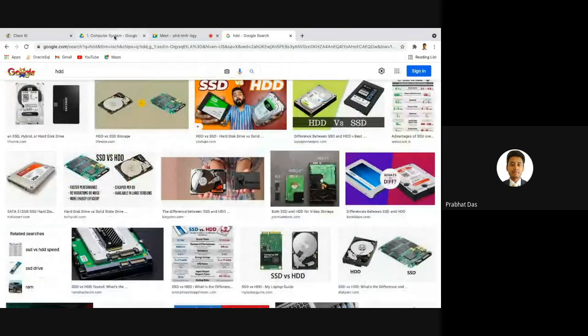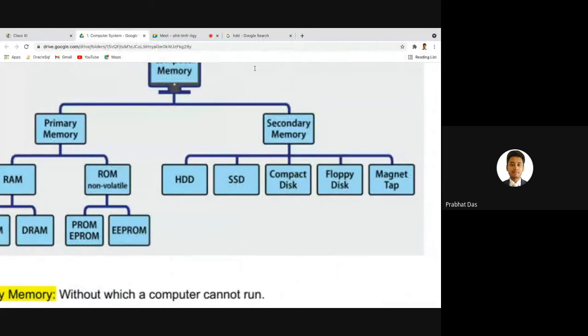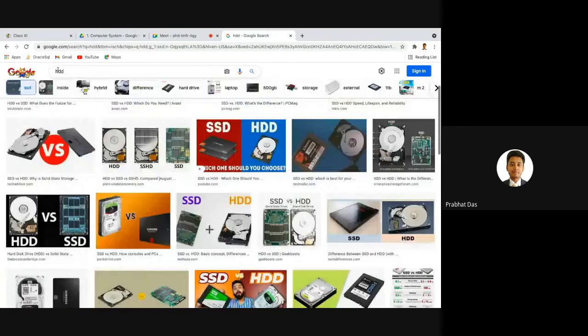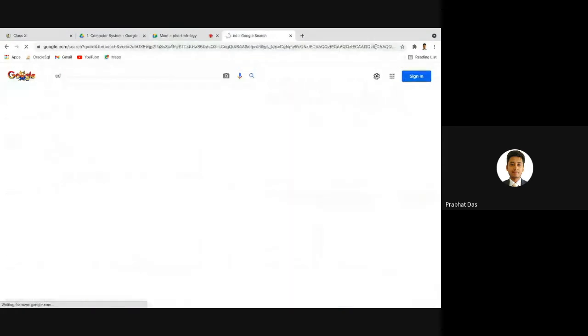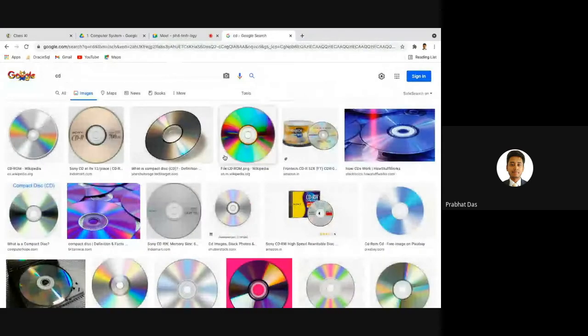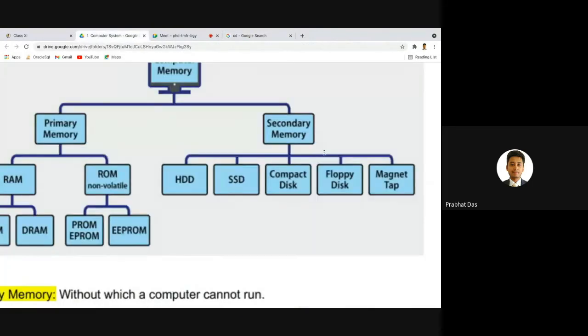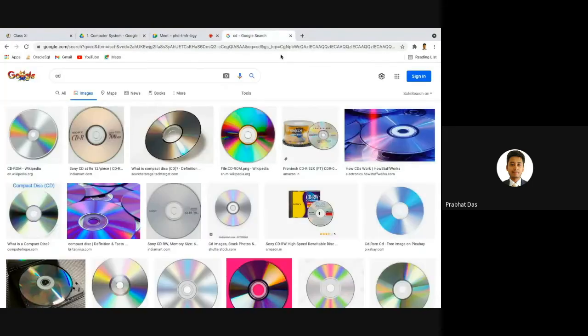And if you want to see compact discs, I hope you have already seen CDs. So these are CDs. These are optical devices. And this is what exactly a floppy disk looks like.